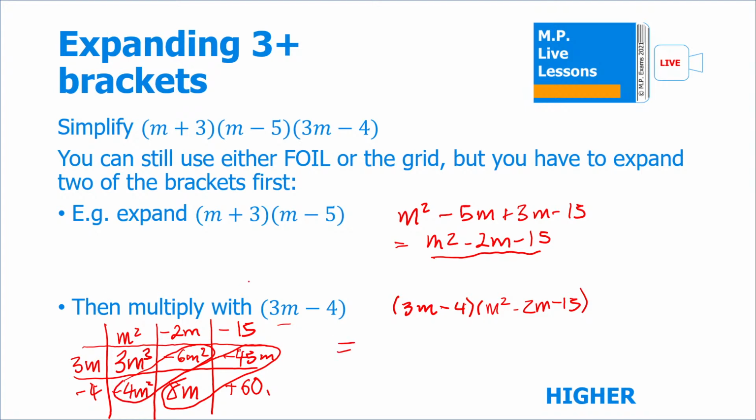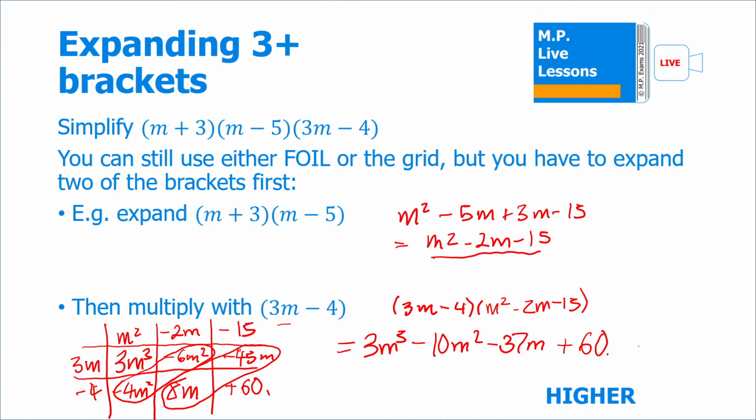So in the end, we get 3m cubed. And if we collect the m squared together, we get negative 10m squared. If we collect the m terms together, we get negative 37m. And the last term is just our number, positive 60.